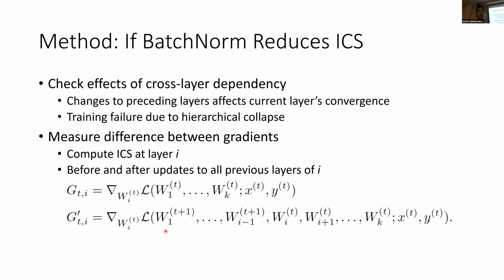So the update is applied to all the layers previous to layer i, but the subsequent layers are kept the same. So if batch norm reduces the internal covariate shift, then once we apply a new update, the next set of values should be very similar to the set of values from before. So the difference between these two terms should be very minimal.